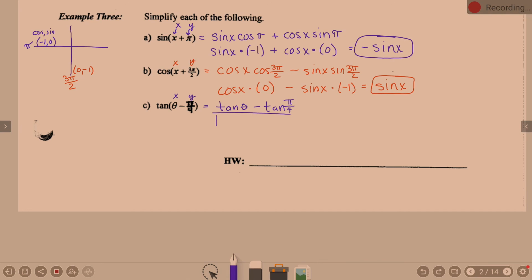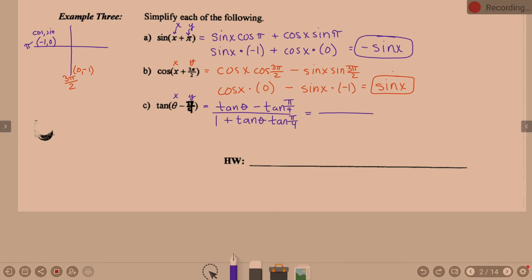On bottom, it always starts off with 1, and then it's minus plus. So you're changing your sign here. So this one's going to be plus, and then it's your two tangents multiplied. So tangent theta times tangent of pi over 4. Clean up what you can.